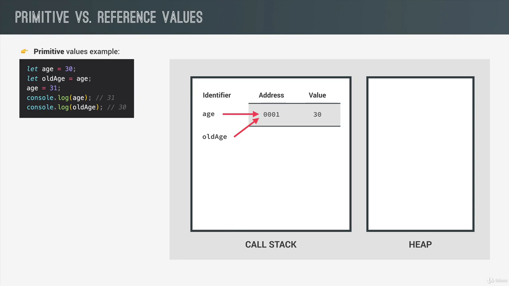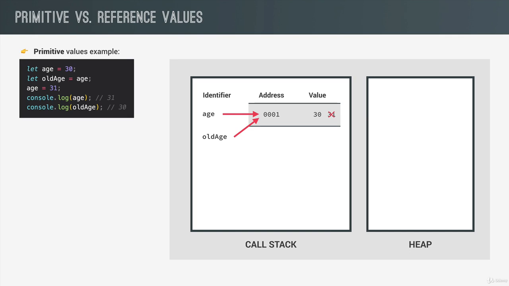Great, but now in the next line, we set age to 31. So what will happen then? The value at address 0001 will certainly not become 31, because that would change old age as well, since they both point to the same address. So that would make no sense at all. Also, the value at a certain memory address is immutable, or in other words, it cannot be changed.